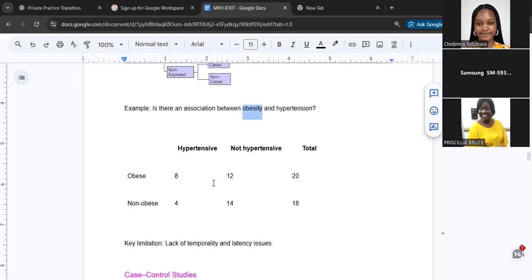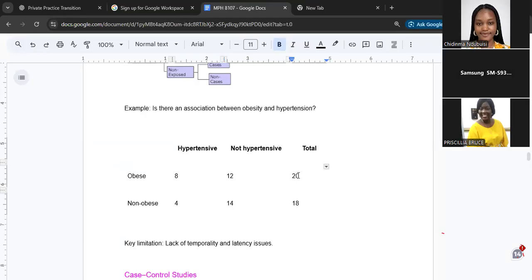If you see this table, we see obese on this side versus non-obese down. And then we see the outcome, hypertensive versus not hypertensive. So the exposure is on this side and the outcome on this other side. Now look at what is happening. Among people who are obese, the total number is 20.